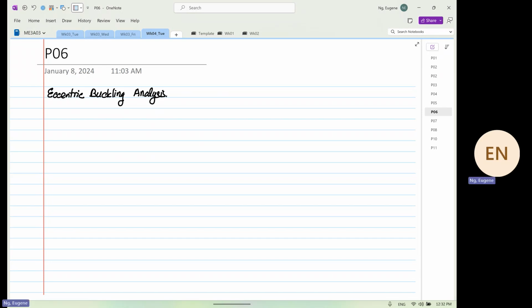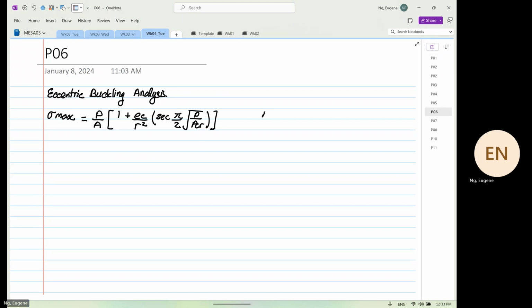So we have stress max is equal to P over A, and then we have 1 plus eC over r squared, then we have secant pi over 2, and we have square root of P over PCR. So this is one form.